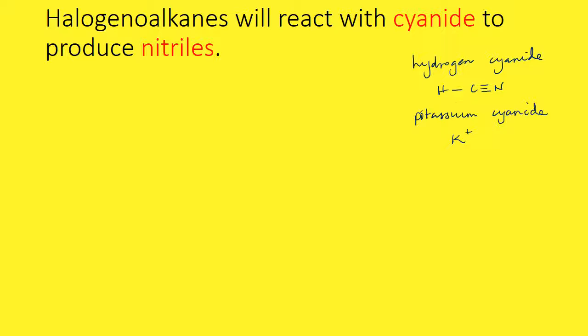K+ would exist in aqueous solution with a cyanide ion, like so, with a triple bond again between the carbon and the nitrogen. So that's a look at a couple of cyanide molecules, ions in the case of potassium cyanide. Let's have a look at a nitrile. Let's look at ethane nitrile.